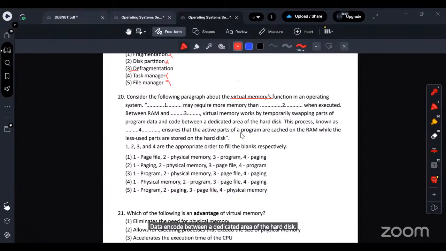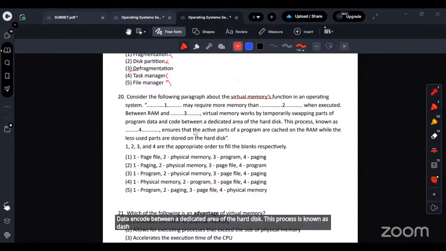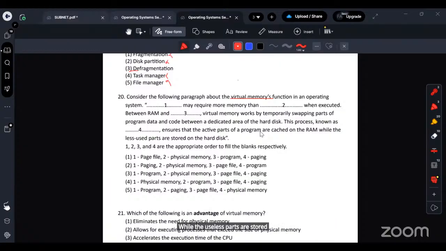This process is known as dash, ensures that the active parts of a program are cached on the RAM while the useless parts are stored on the hard disk. Now, some of you all might be confused. What is happening?